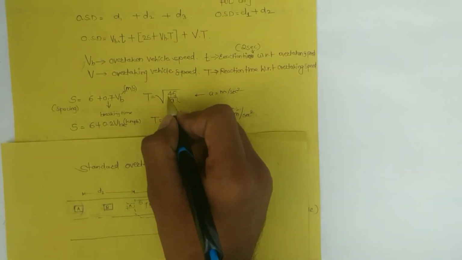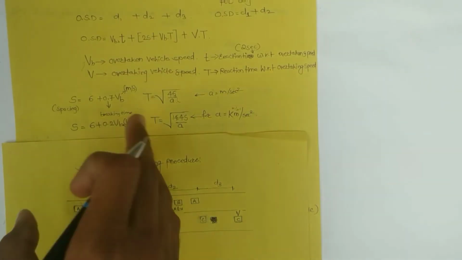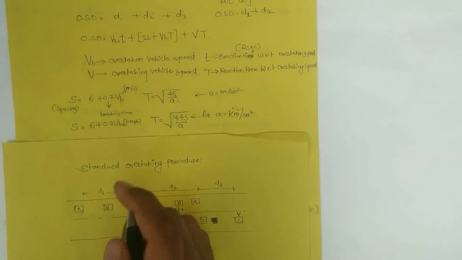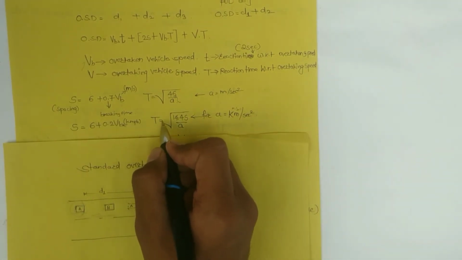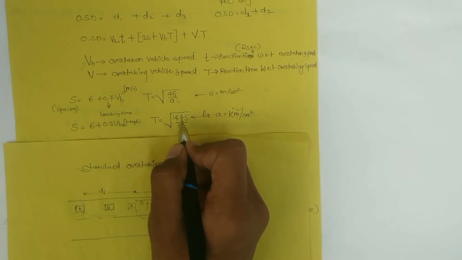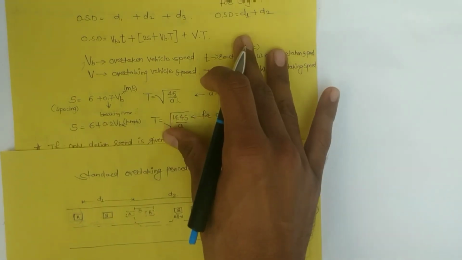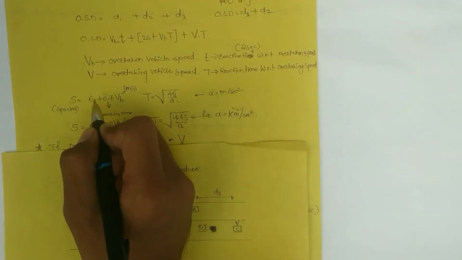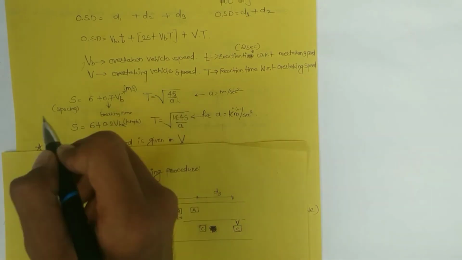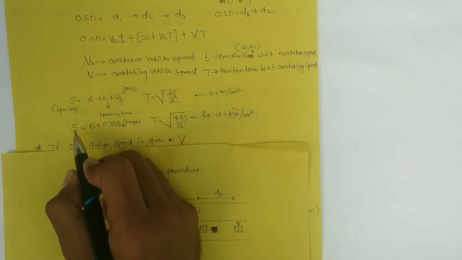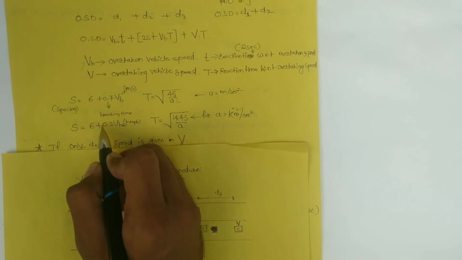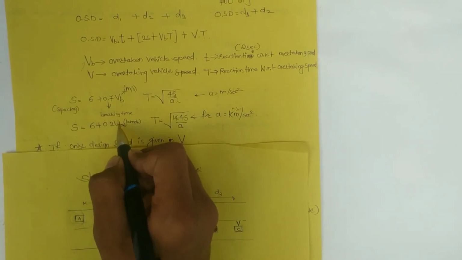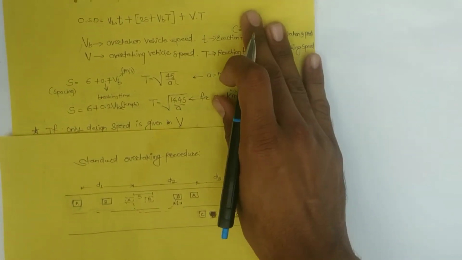If the acceleration is given in meter per second square, we use this formula. If the acceleration is given in kilometer per hour per second, the formula changes: T is equal to the square root of 14.4 S divided by A. This formula is for the speed given in meter per second. For kilometer per hour, the spacing formula is 0.2 VB plus 6, where V is in kilometer per hour.